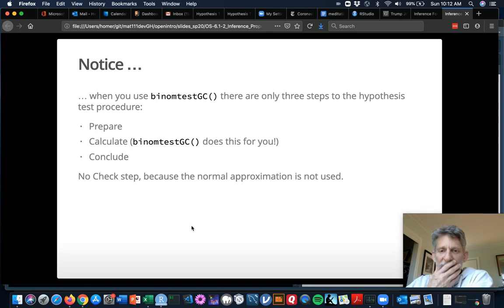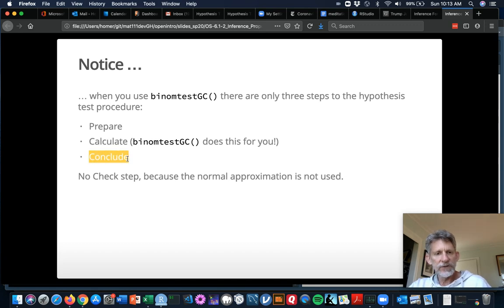So notice in comparison to Chapter 5, when you are doing a binomtestGC for one population proportion, there's really only 3 steps to the hypothesis test procedure. That's the prepare, the calculate, and the conclude.